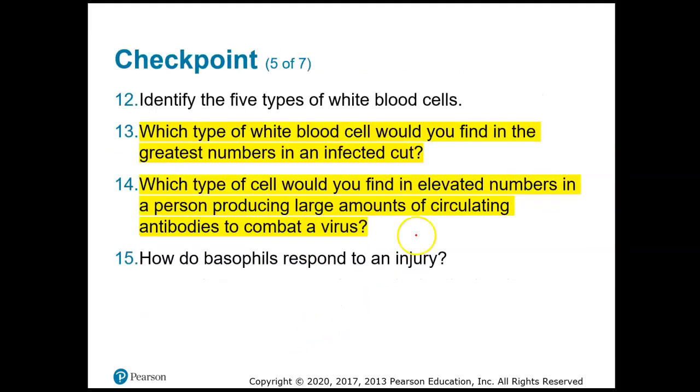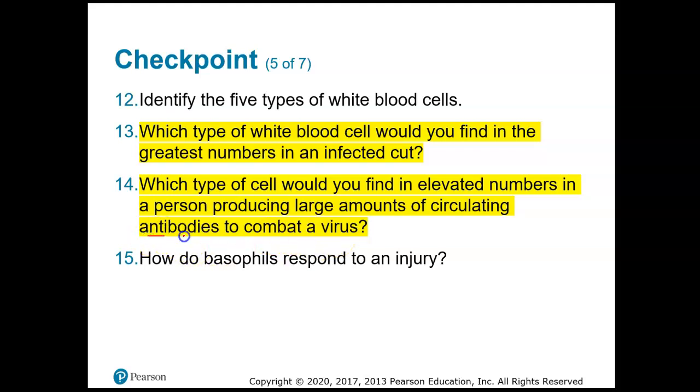All right, checkpoint questions. Question 13, which type of white blood cell would you find in the greatest numbers in an infected cut? And that would be the neutrophils, the first responders. And 14, which type of cell would you find in elevated numbers in a person producing large amounts of circulating antibodies to combat a virus?